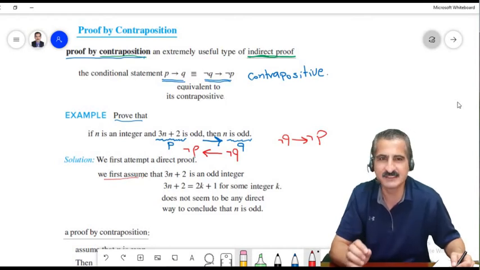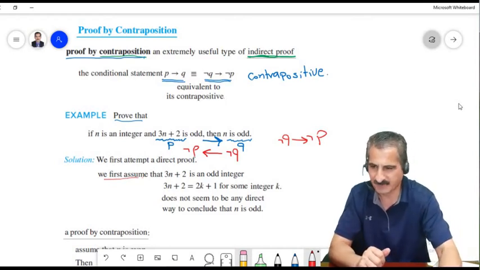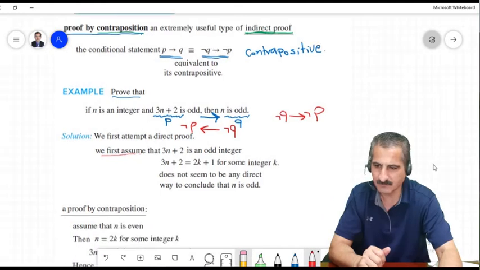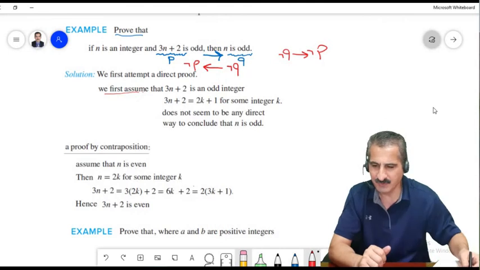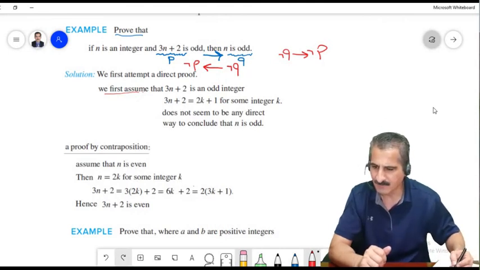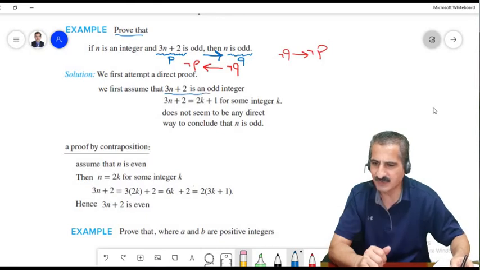And this is an example to show that. So if we try to work a direct proof, we will start from the hypothesis, which says 3n plus 2 is odd. So this is the hypothesis here, and this is the conclusion.